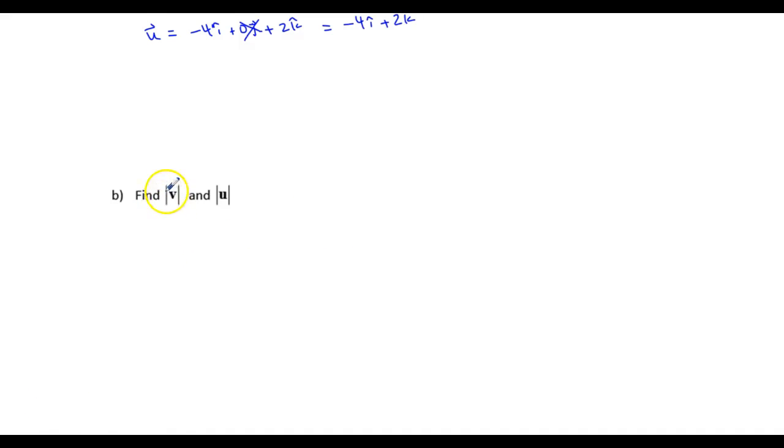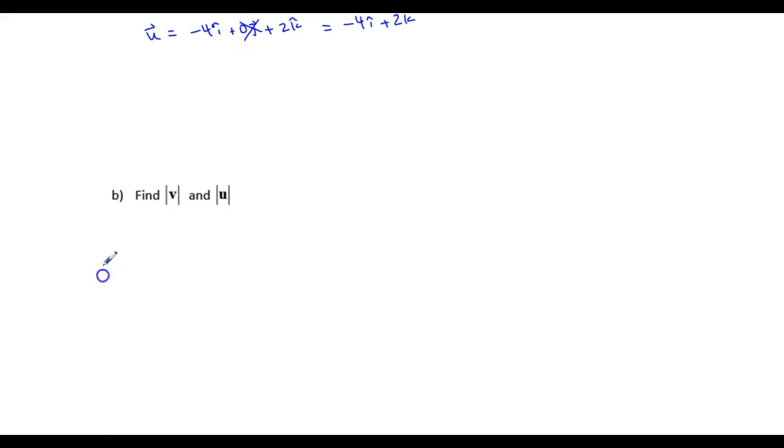Now for b here, recall that these absolute value signs around a vector just mean find its length. So these are the two numbers in quotes that we always talk about that are in a direction. We just need to find the length, and it's a straightforward application of, I'll call it, the 3D Pythagorean theorem.